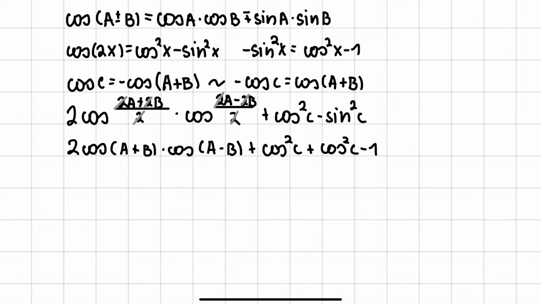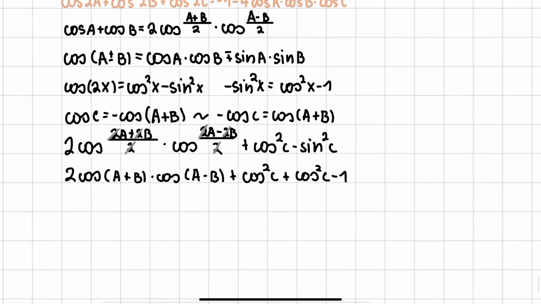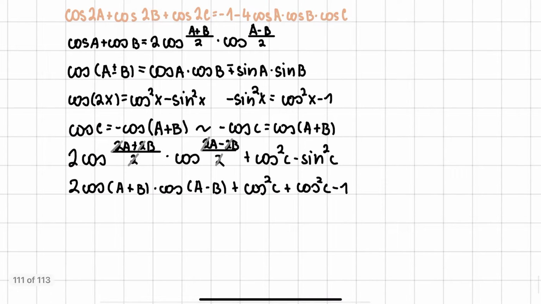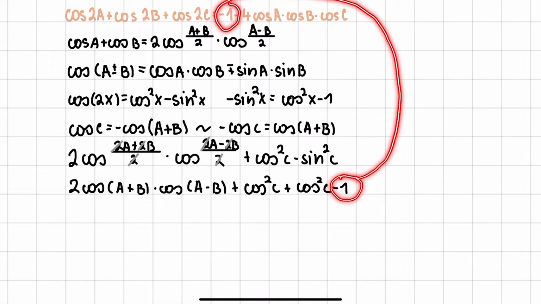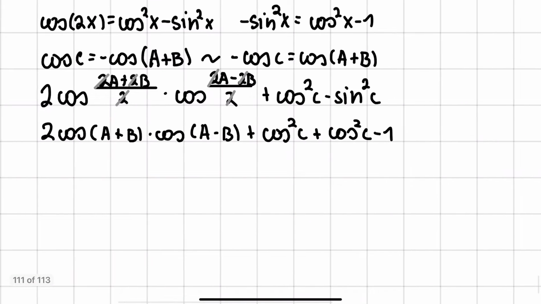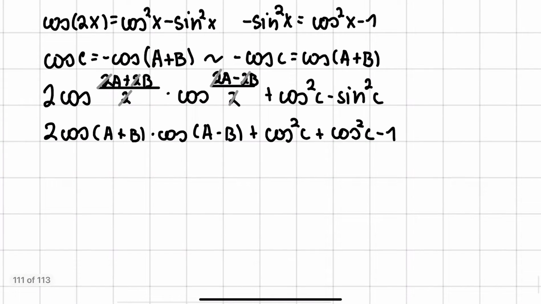If we left it here, it wouldn't be a big issue. It wouldn't be an issue at all. But we need to put it in the front just to make it look more clean and to make sure that it looks like the result, right? Because we want it to be the same. We want it to be pretty and we want it to be exact. So I'm going to do it.